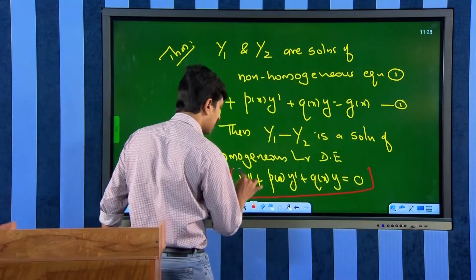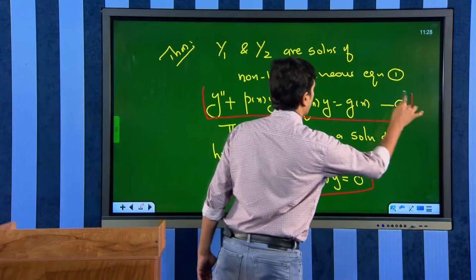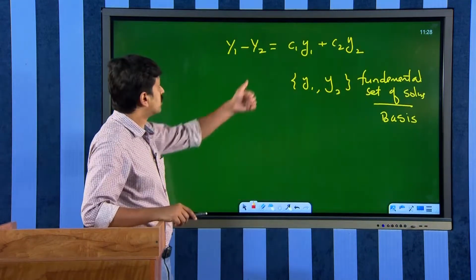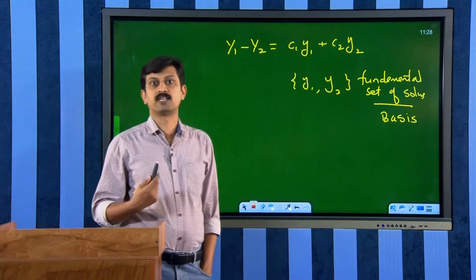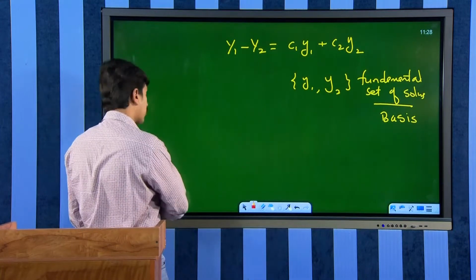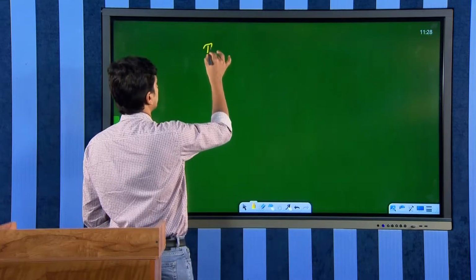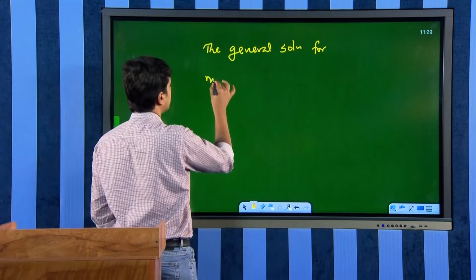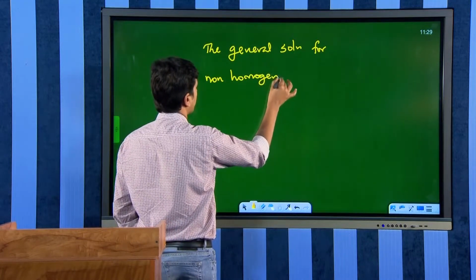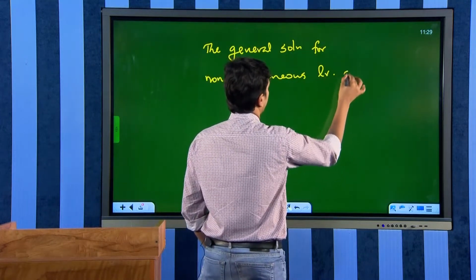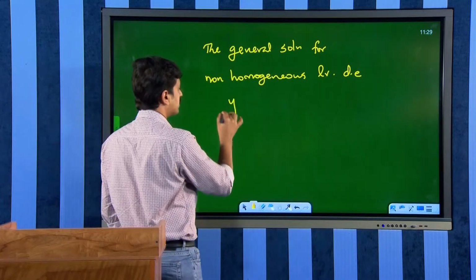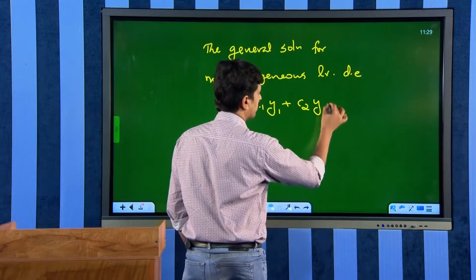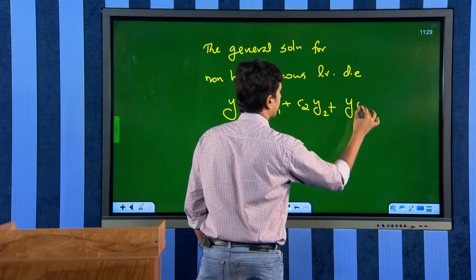We can write the corresponding homogeneous equation, which has a general solution c1 y1 plus c2 y2, and we can say that the general solution for the non-homogeneous linear differential equation is y is equal to c1 y1 plus c2 y2 plus another term, yp of x.